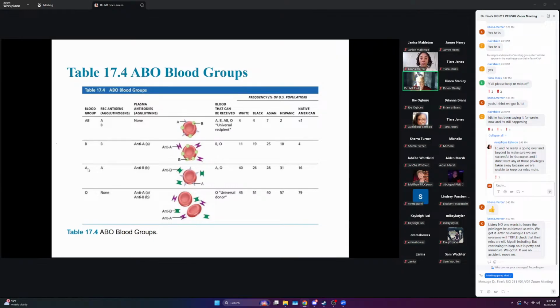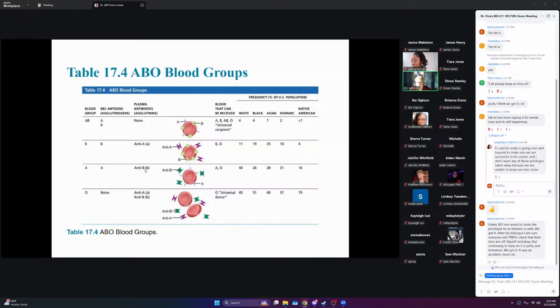All right, so if you are blood type A, that means that you have the A antigen on your erythrocytes. Okay, remember the antigen is the foreign body, it's a threat. Okay, but not to you because you have it. All right.